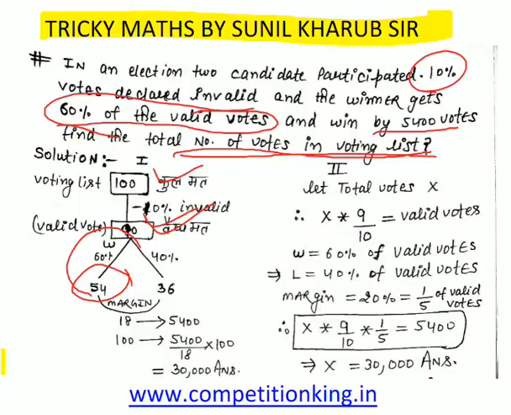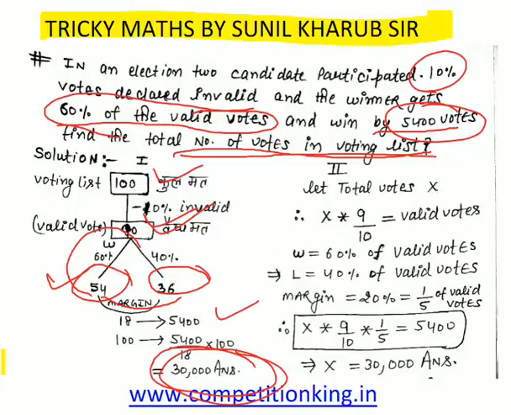Valid is 90. If winner is 54, loser will have 36. Now the winning margin is 18, but actual winning margin is 5400. 18 value is 5400. This means 100 value is 30,000 and 30,000 is the votes in the voter list.